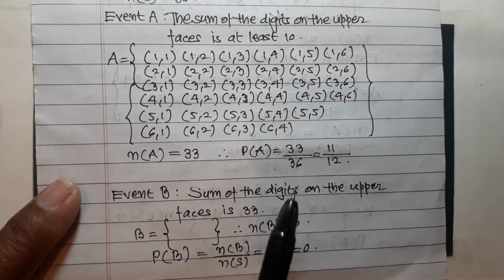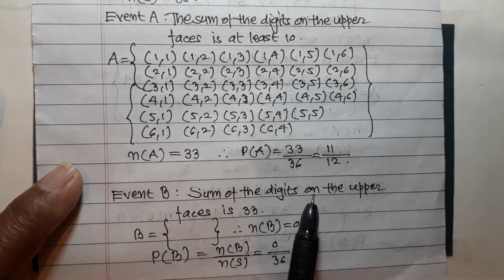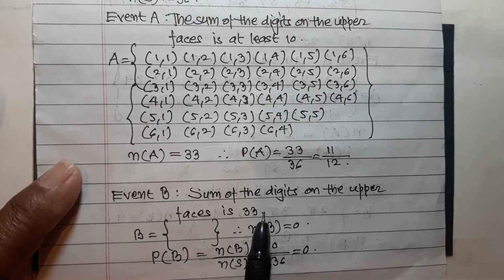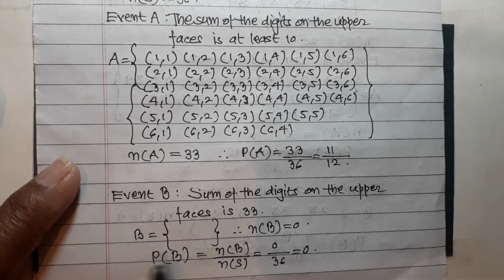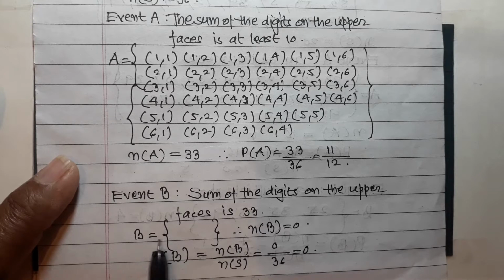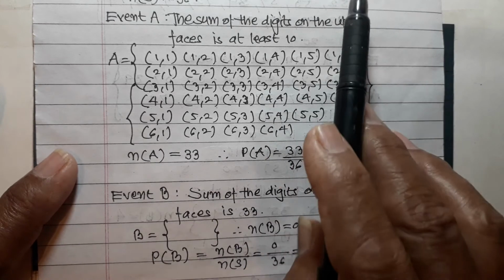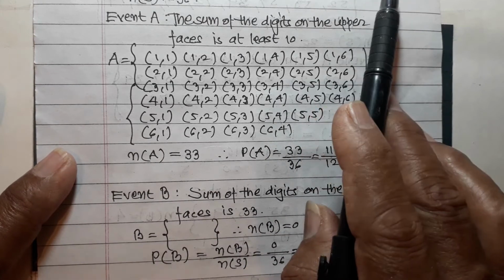Event B: sum of the digits on the upper faces is 33. So B is an empty set, because the maximum sum is 6 plus 6, that is 12.